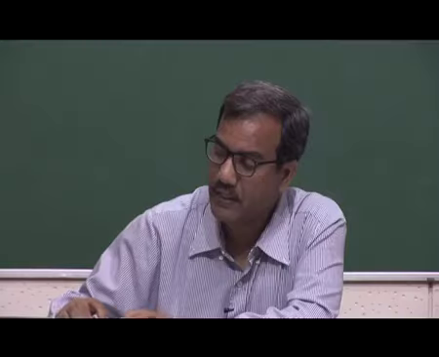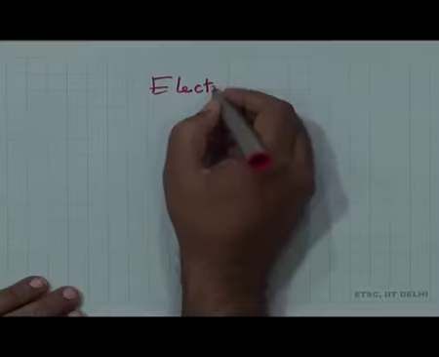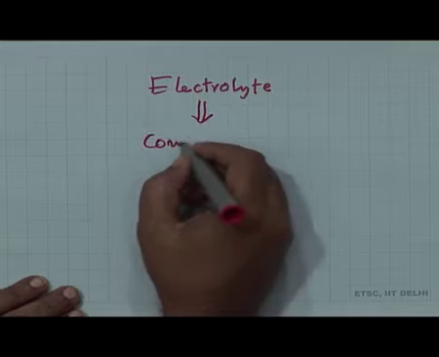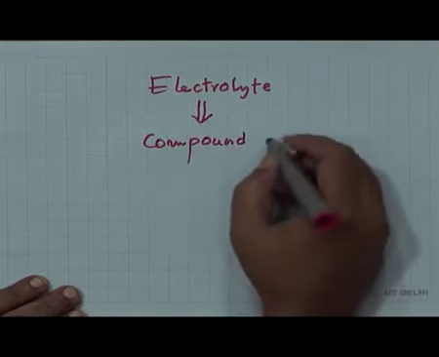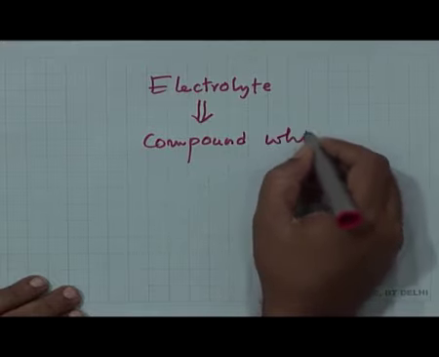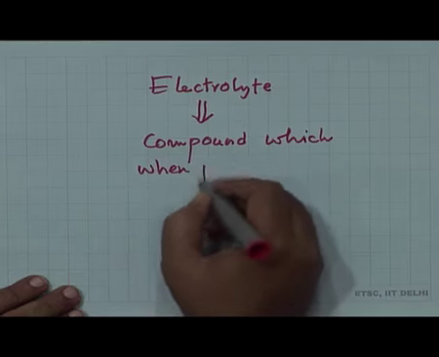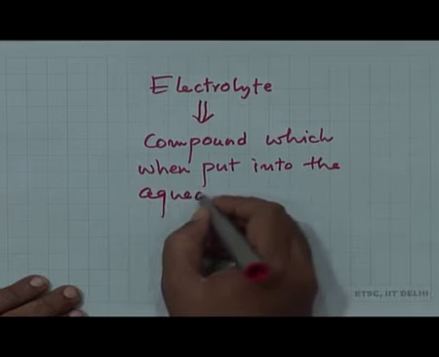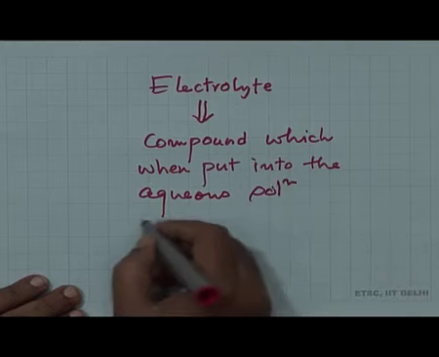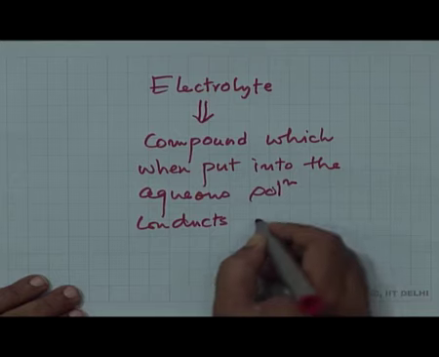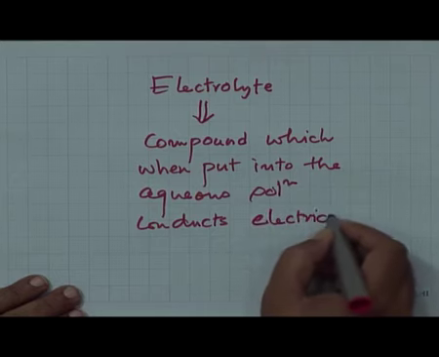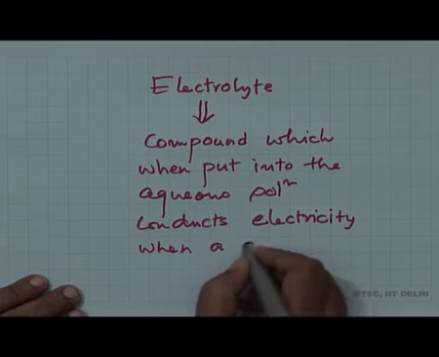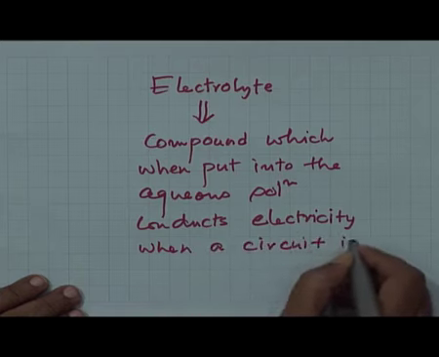What is an electrolyte? An electrolyte is any compound which, when put into aqueous solution, conducts electricity, when a closed circuit is formed.